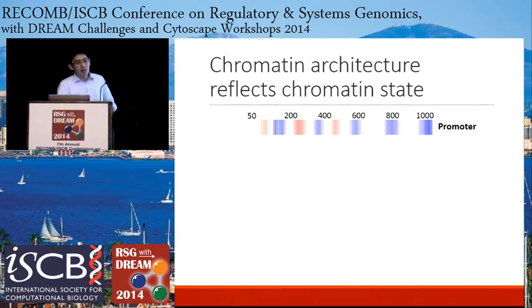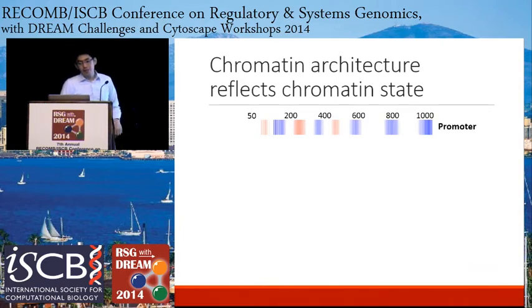Here we see that across all promoter states in the genome, there is an enrichment for short fragments of 50 to 100 base pairs, and also at various multiples of the nucleosomal size, like 200, 400, 600. This is consistent with what we know about promoters, that they have to be accessible for transcription factors to bind.